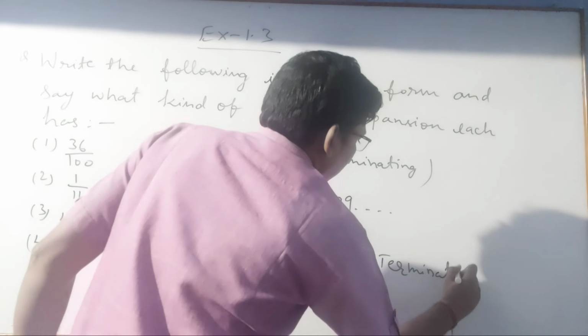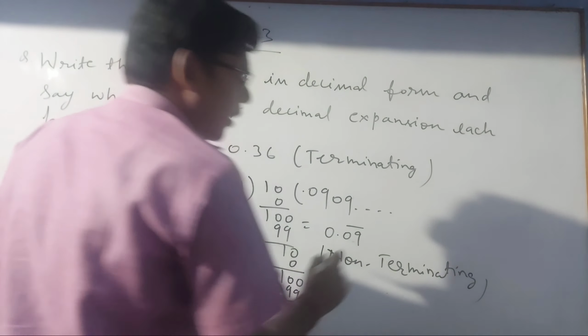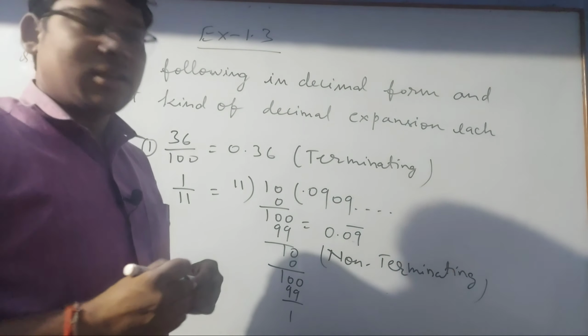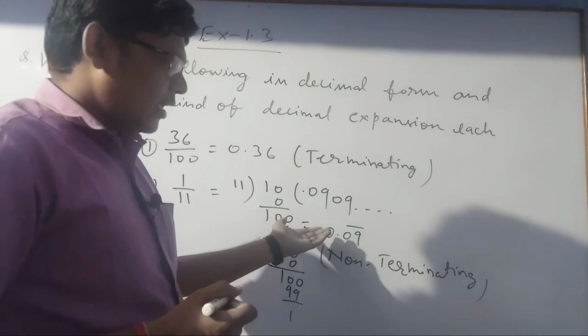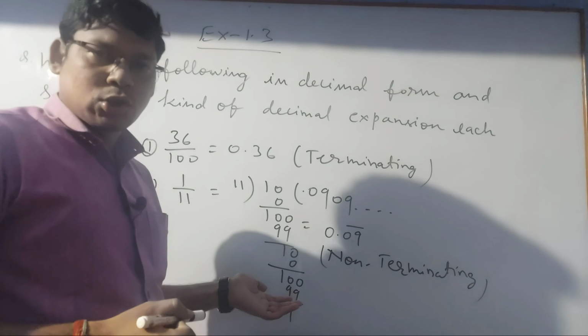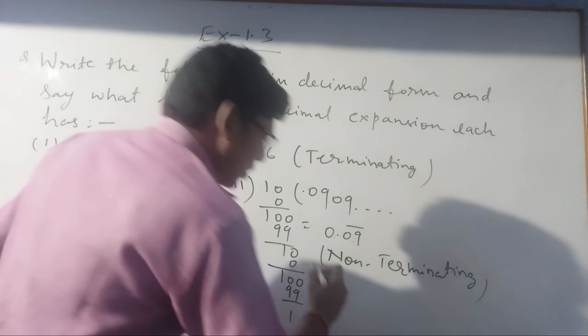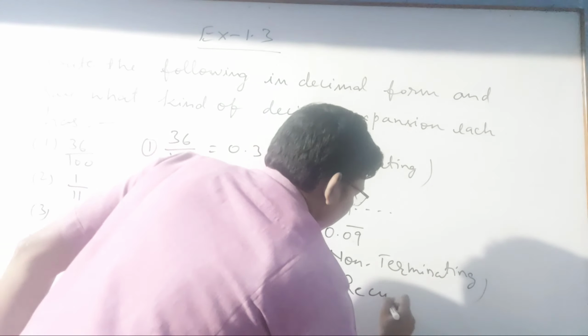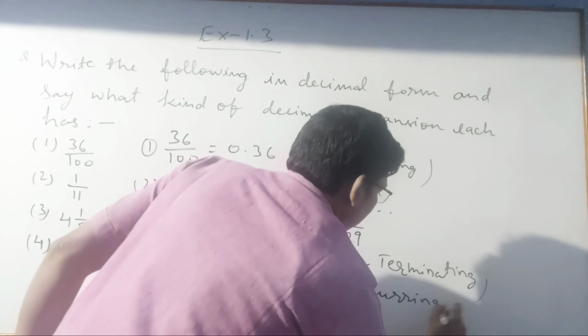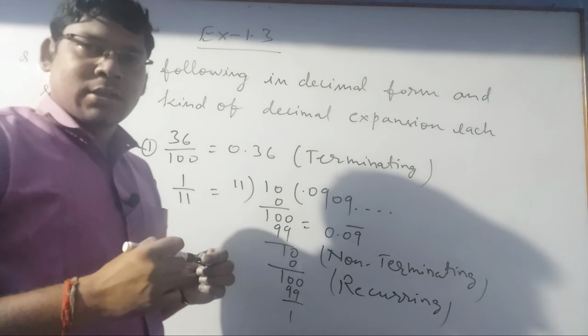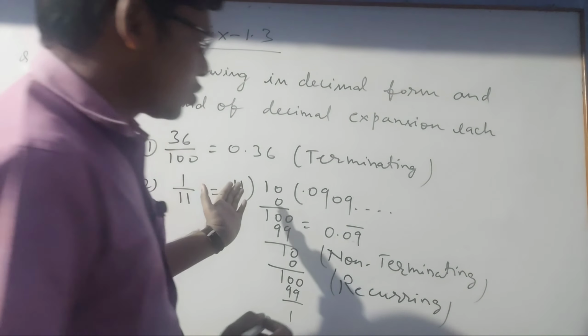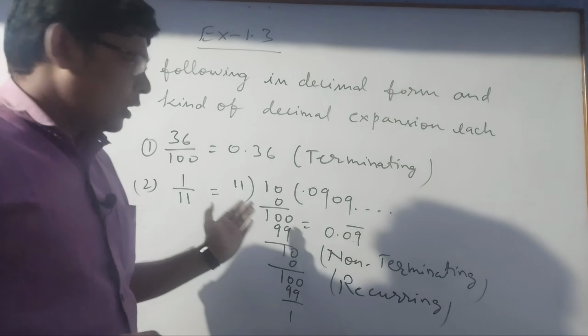We can also say recurring decimal, or repeating decimal. I think you have understood this also.